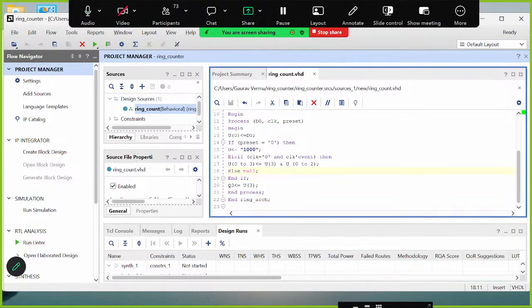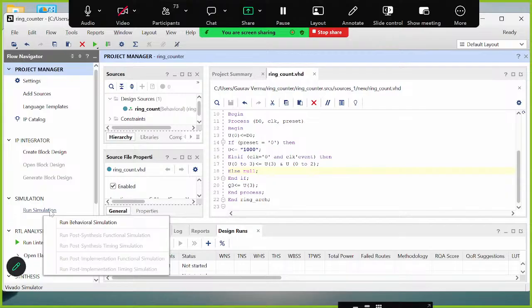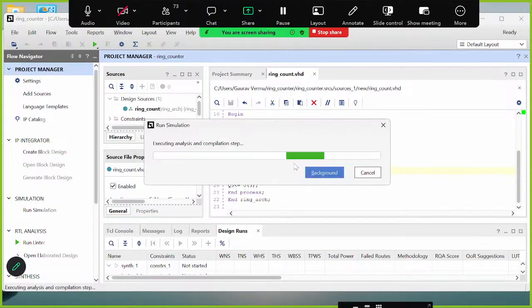Just press Control S to save this project. Then start the simulation.